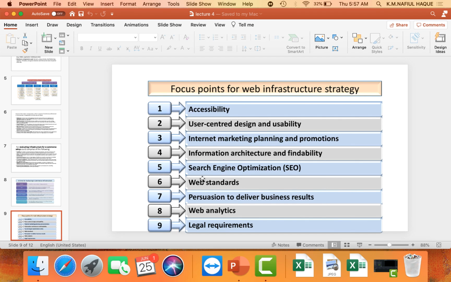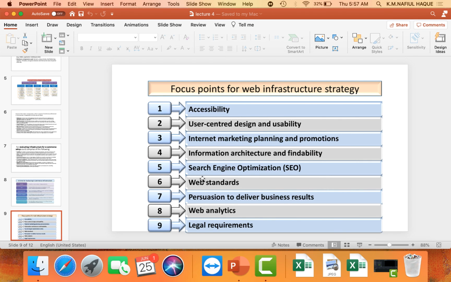Then user-centered design and usability, like how easy this kind of application is to use. Then internet marketing, planning and promotions, information architecture and findability, like how easily you can search for your solutions on the web or in internet marketplaces.